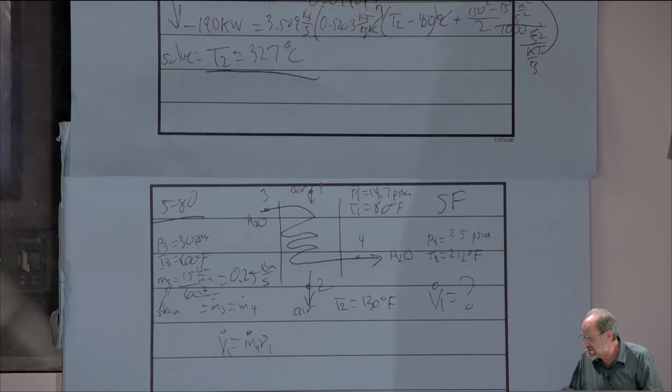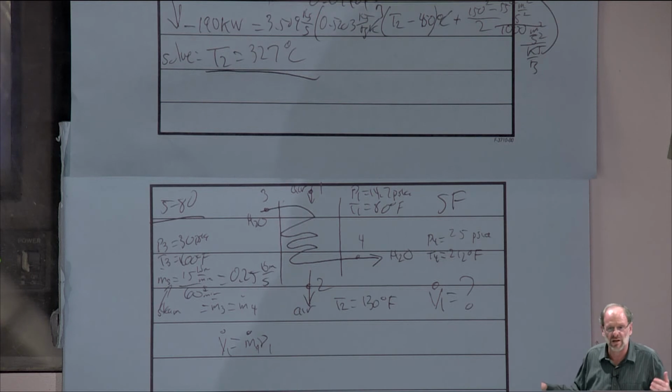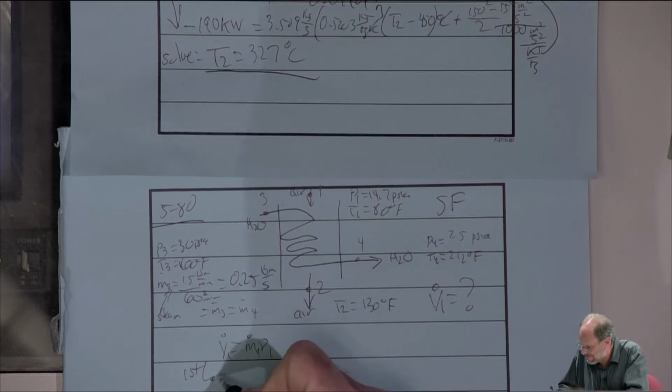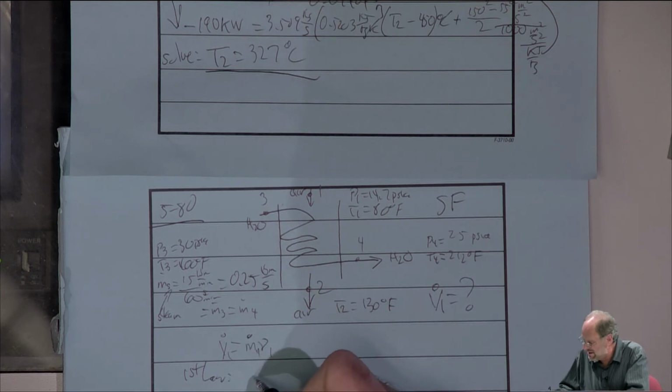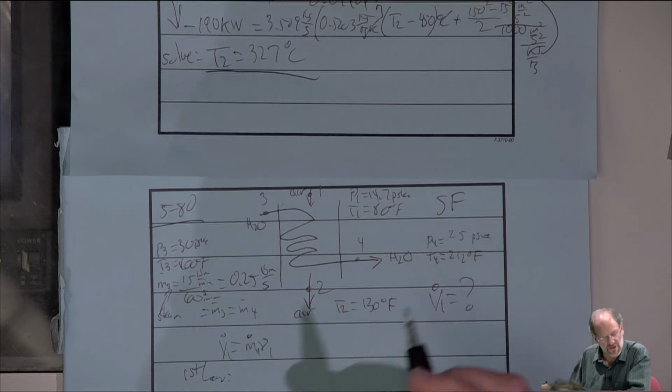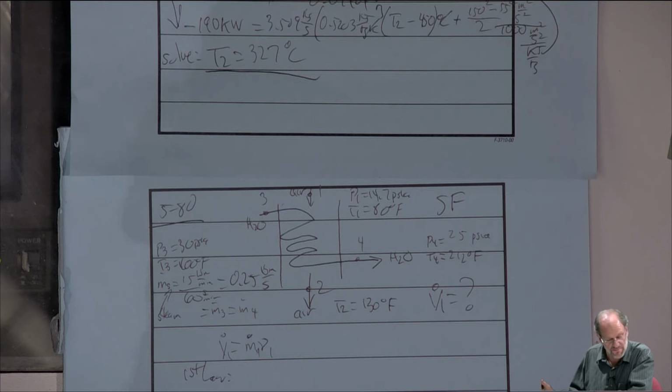Well, the mass flow rate is velocity times area over specific volume. That doesn't help me out. I mean, I can plug it into here and then the specific volume cancels and it doesn't help me in any way. But what about the first law? Well, it's steady flow, but not single stream.